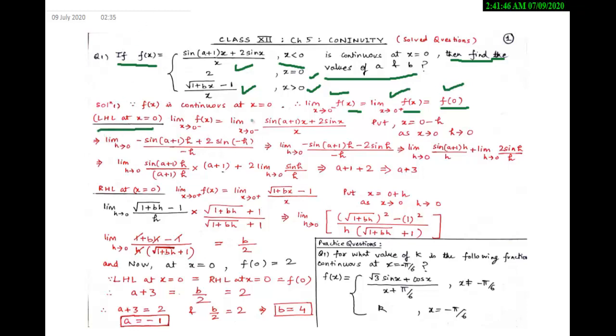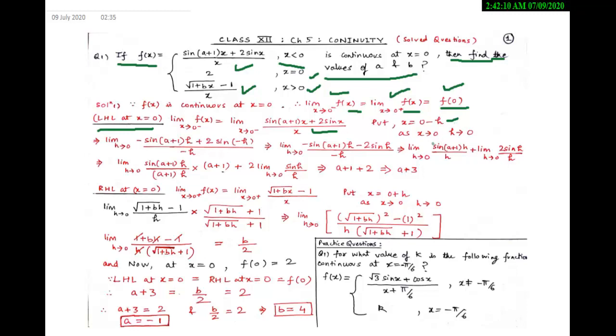So, here we can write it as limit x tends to 0 minus f(x), which is equal to limit x tends to 0 minus. According to our question, if x is less than 0, then our function f(x) will be equal to sin((a+1)x) + 2 sin x upon x. So, from here, in place of x, we can write 0 minus h.